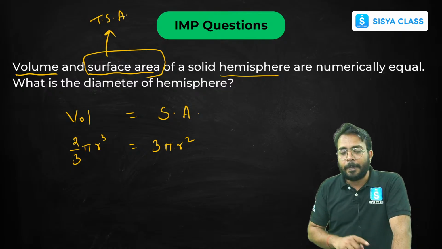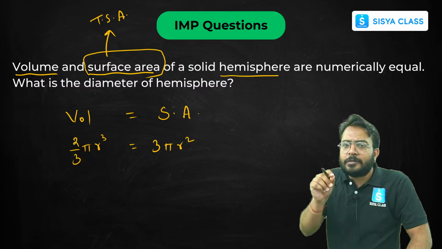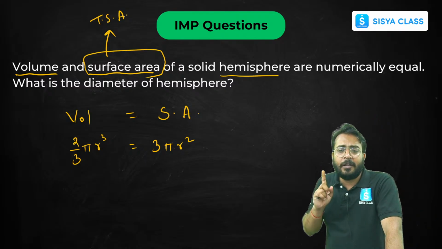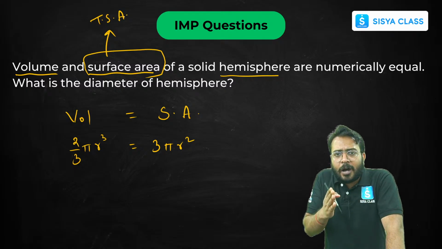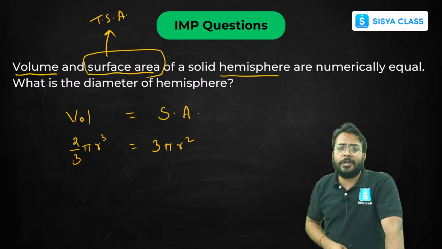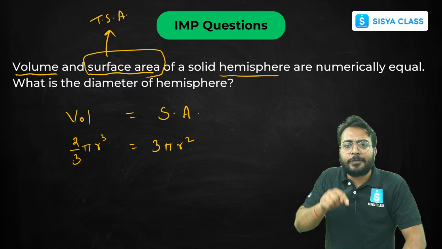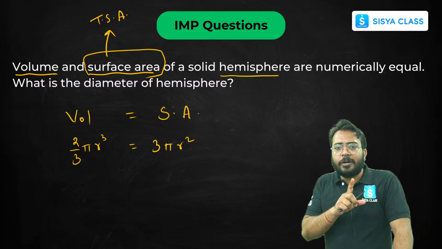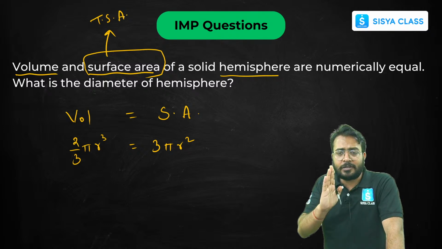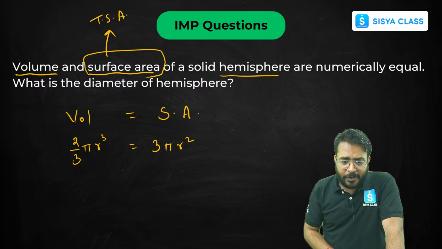Always remember, whenever they say only surface area, you need to use the total surface area formula. If they mean to ask for the curved surface area, they will mention it particularly in the question itself. So whenever they say only surface area, use the total surface area formula, okay beta?